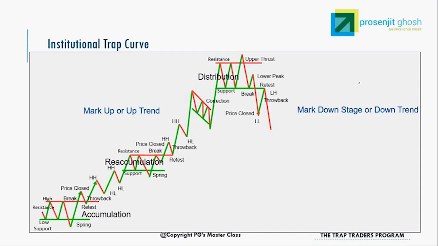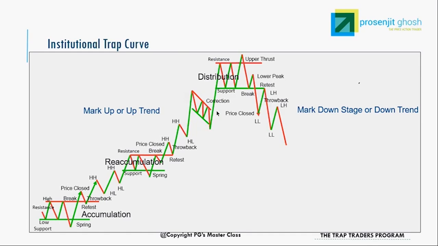That is what we call a downtrend, and the markdown stage or downtrend starts. Okay, so once price moves from distribution to downwards, it starts creating lower highs and lower lows. So this is a downtrend.